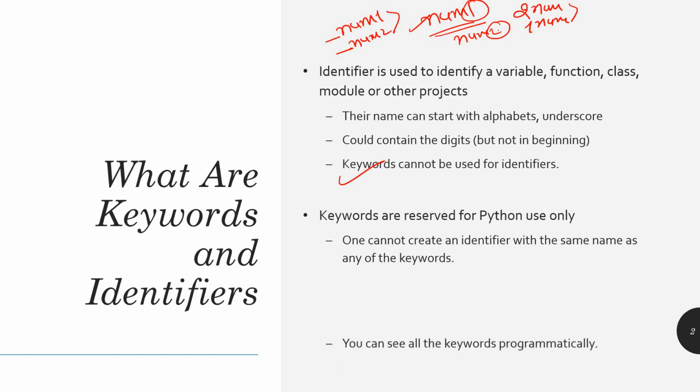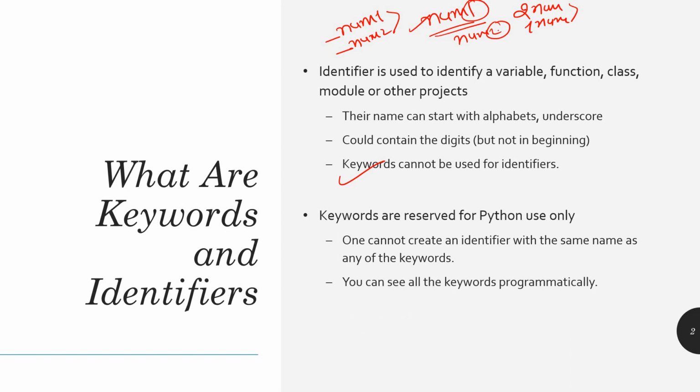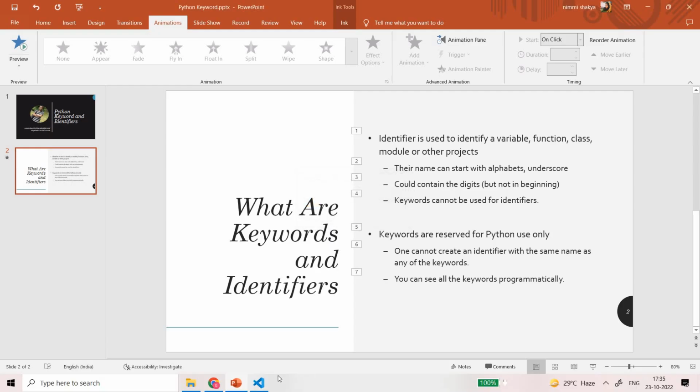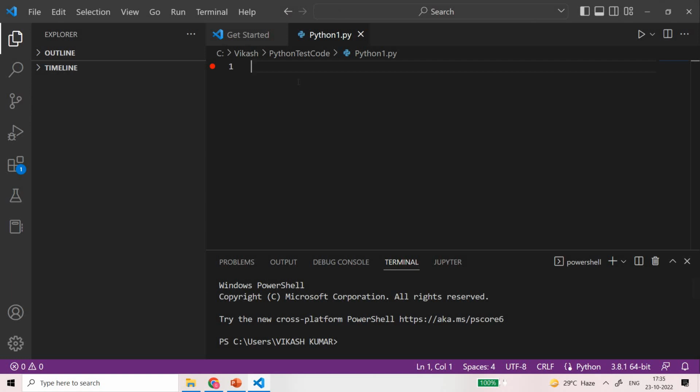Okay, so we will see what those keywords are. You can search on Google for all the Python keywords, but if you want to see it programmatically, you can do that too. You can write a program to find out the reserved keywords. Let's open the IDE, Visual Studio Code.